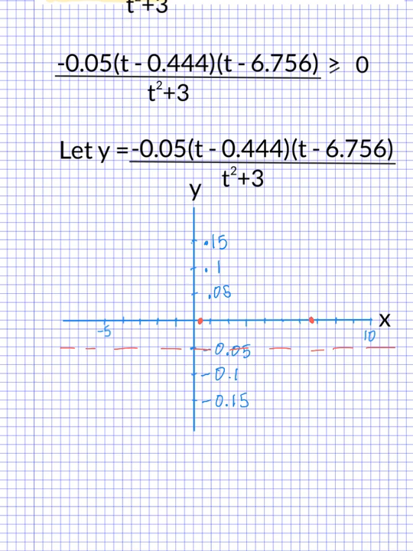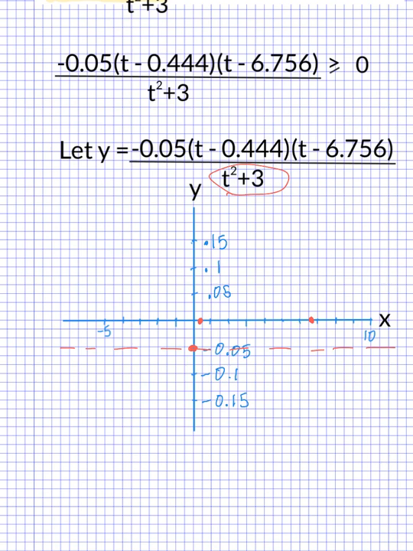There will be no vertical asymptotes because t squared plus 3 can never equal 0, because t squared will never equal negative 3. And the y-intercept happens at negative 0.05 as well. You just plug in t is 0 and you get that answer.